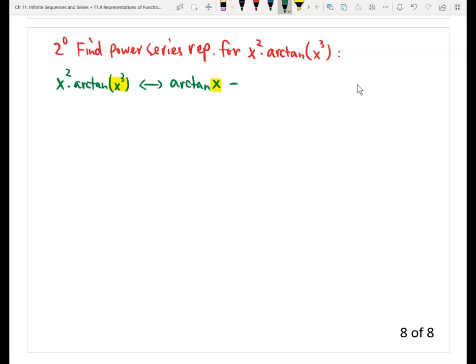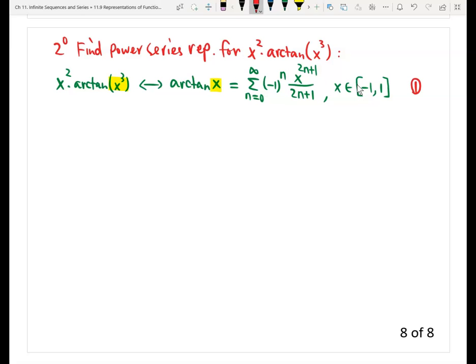We already got the representation for arctangent from the first step, which is the sum of -1 raised to the nth power times x raised to the 2n plus 1 power over 2n plus 1, with n from 0 to infinity. And the domain is x belongs to -1 to 1, the closed interval. So this is power series 1.